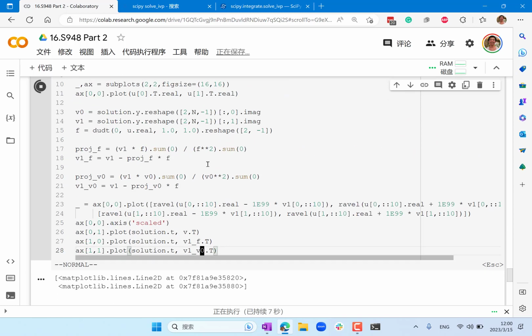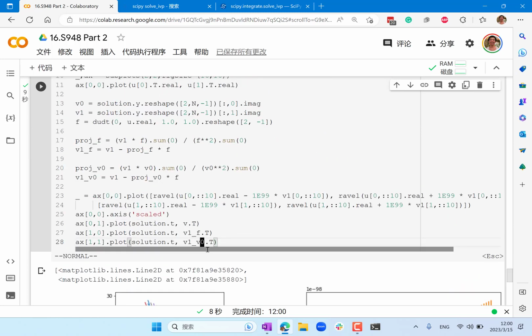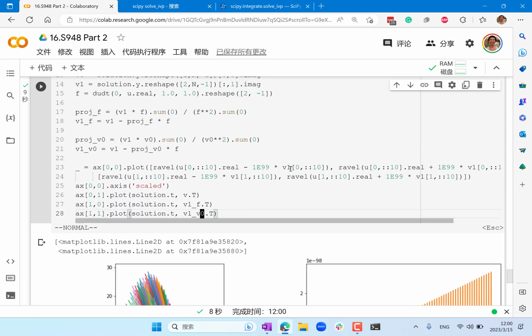Where are we? The visualization is kind of messed up because I should actually be visualizing the projected out version.